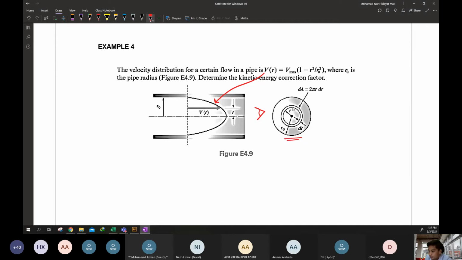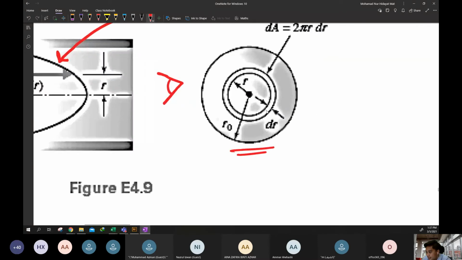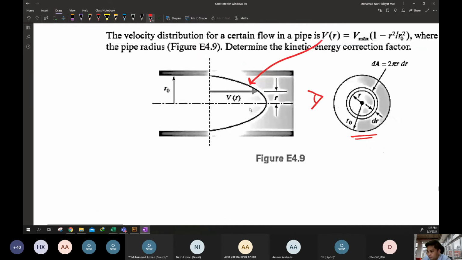From here, you can see R is changing. R naught is the constant, from the center to the outer of the pipe. And this is the small change we call dr. And this is R. This is the analysis.